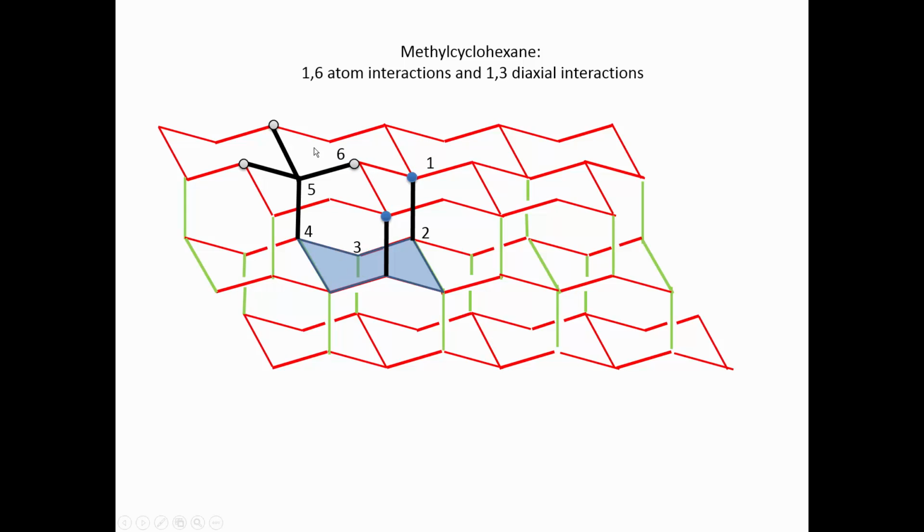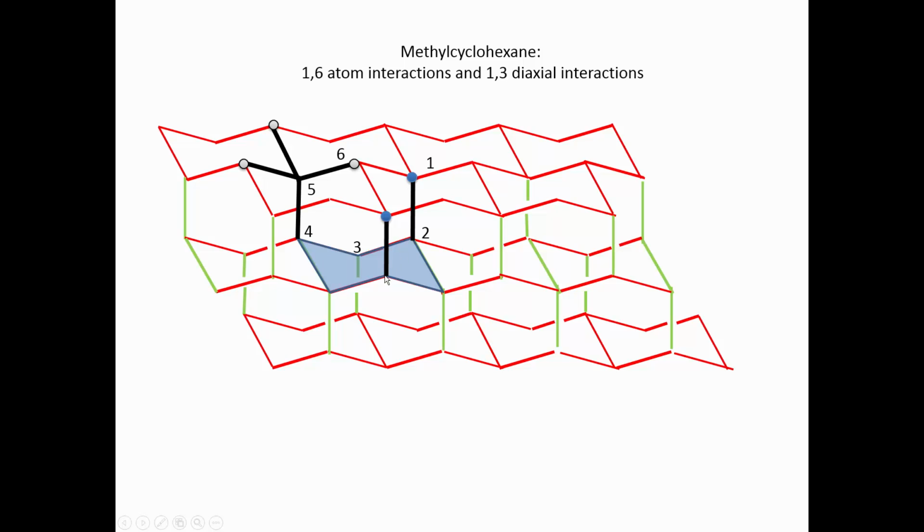Without bothering to count the atoms, we should always be aware of the potential for 1,3-diaxial interactions, because if you look at where this methyl group is positioned, and this hydrogen, they're both axial. If this is considered carbon 1, 2, 3, they're 1,3 away. This substituent, the methyl group, is 1,3 away from this axial hydrogen.